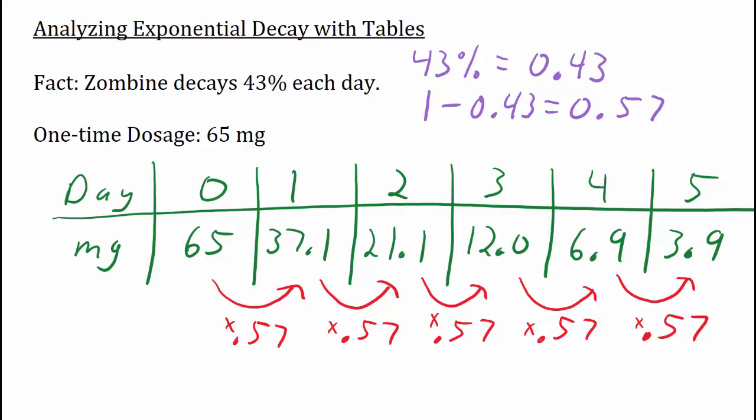Let's turn this data into a graph so we can see what this exponential decay looks like. First, let's scale our axes. We'll put days on the horizontal axis and milligrams of Zombine on the vertical axis.